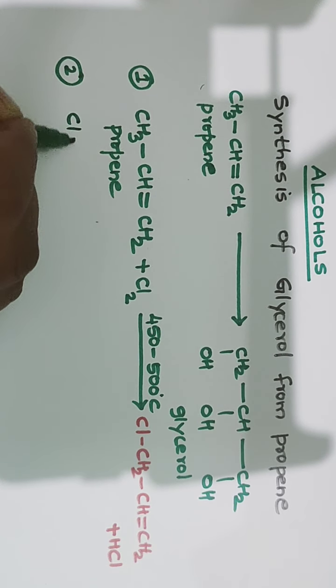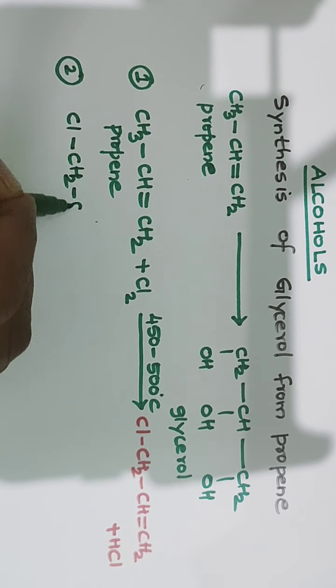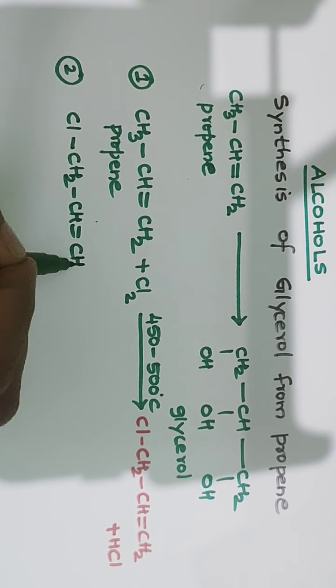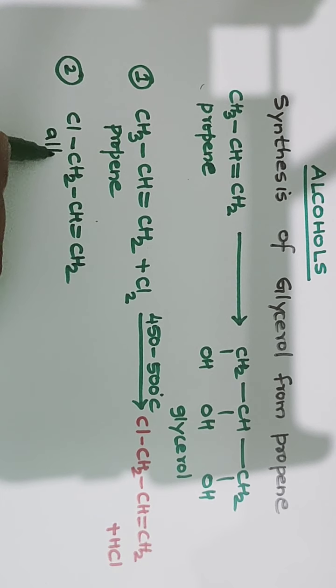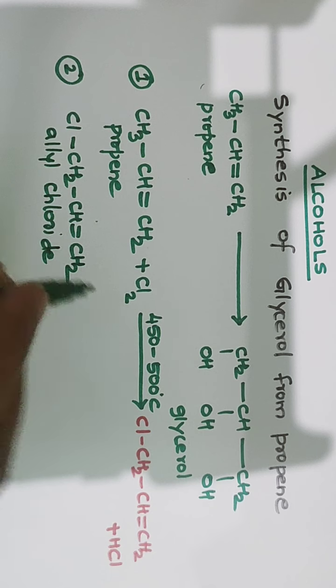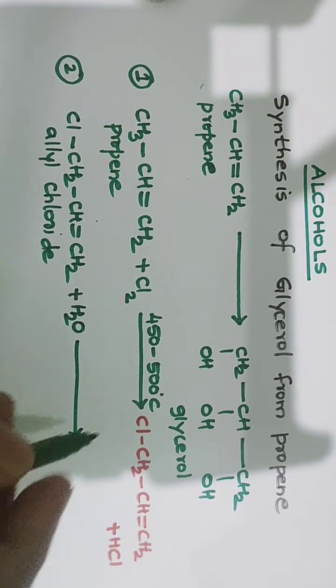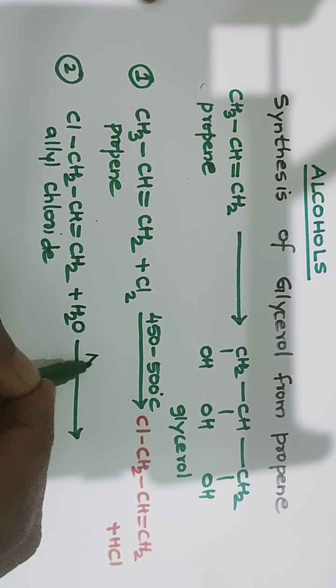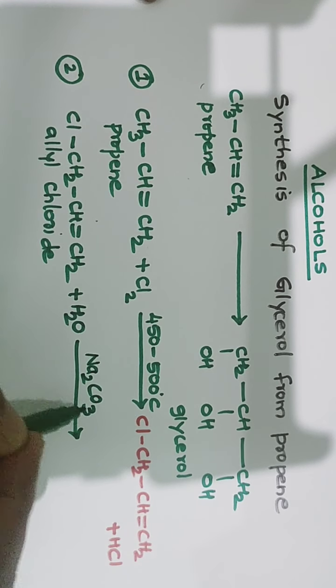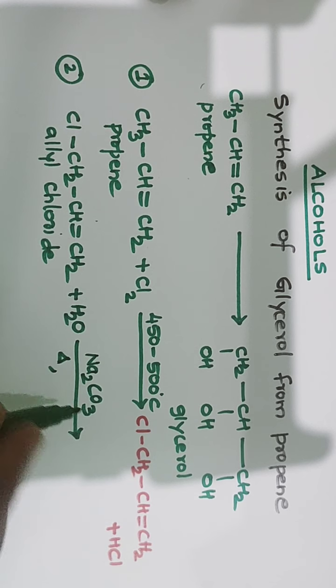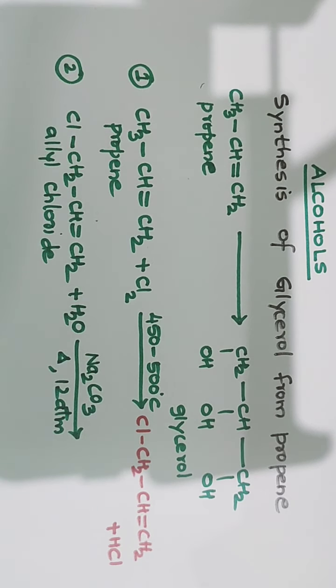So this compound Cl CH2 CH double bond CH2, we call this allyl chloride, is treated with water in presence of sodium carbonate, heated and at a pressure of 12 atmosphere. Under this condition, the Cl gets replaced by OH.